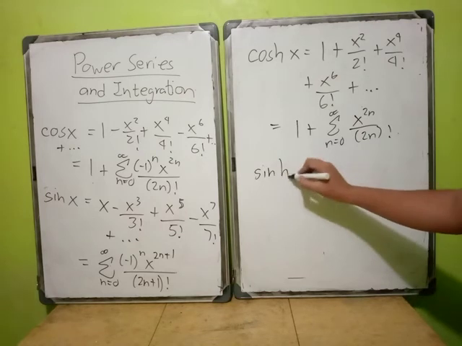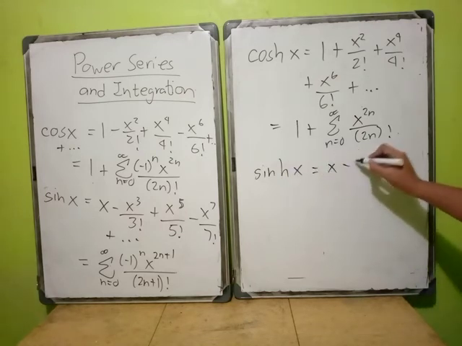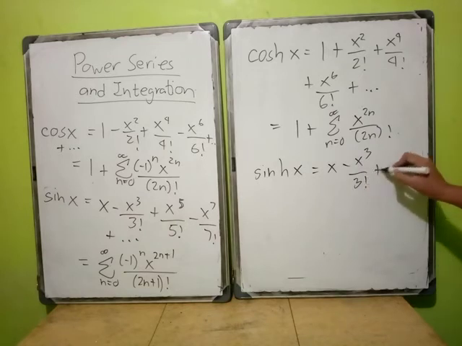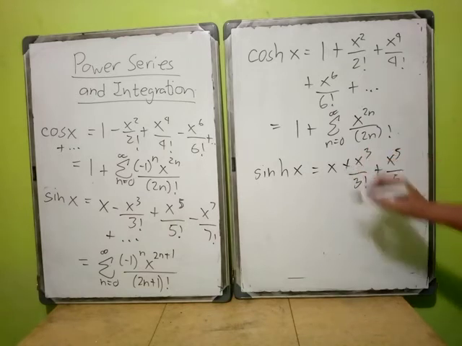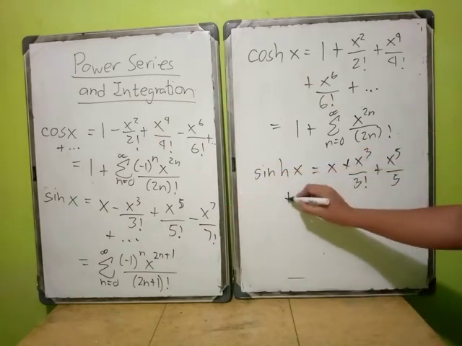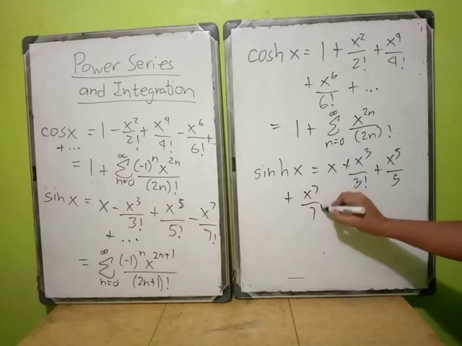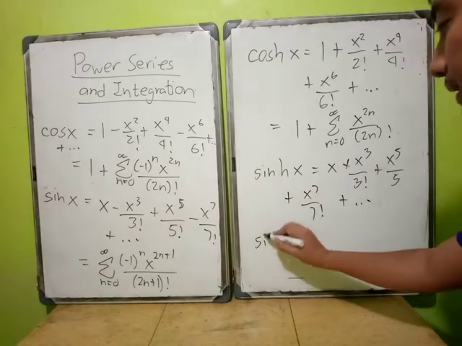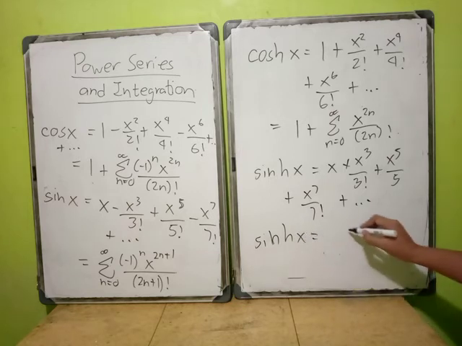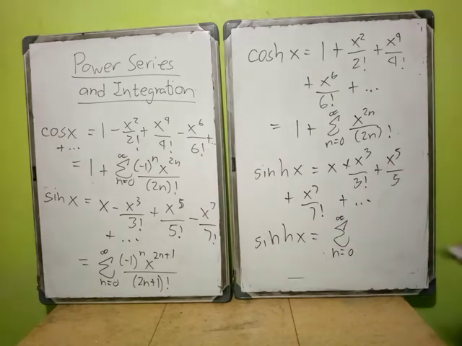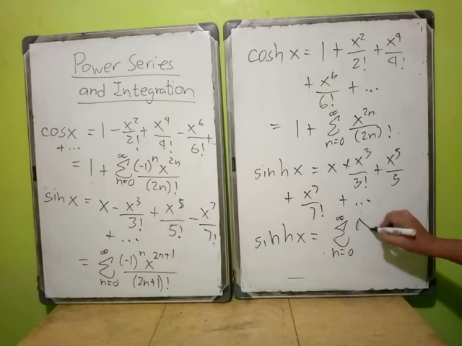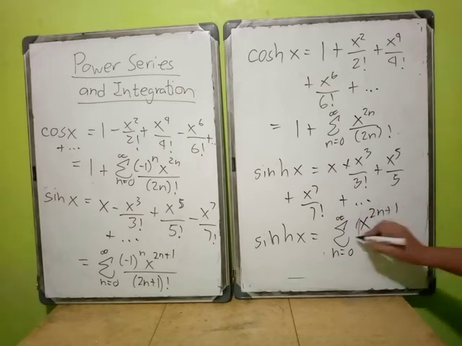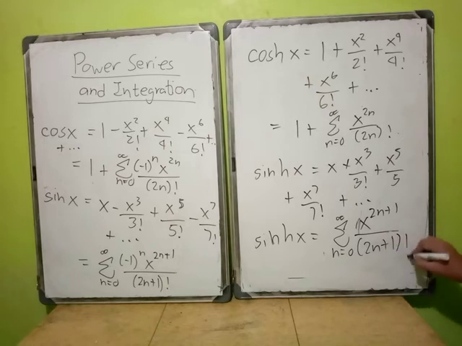Same for hyperbolic sine of x: x plus x cubed over 3 factorial plus x to the 5 over 5 factorial plus x to the 7 over 7 factorial plus, and so on. Everything will be positive. So hyperbolic sine of x is equivalent to the sum from n equals 0 to infinity of x to the power of 2n plus 1 over 2n plus 1 factorial. So that is some examples of power series.